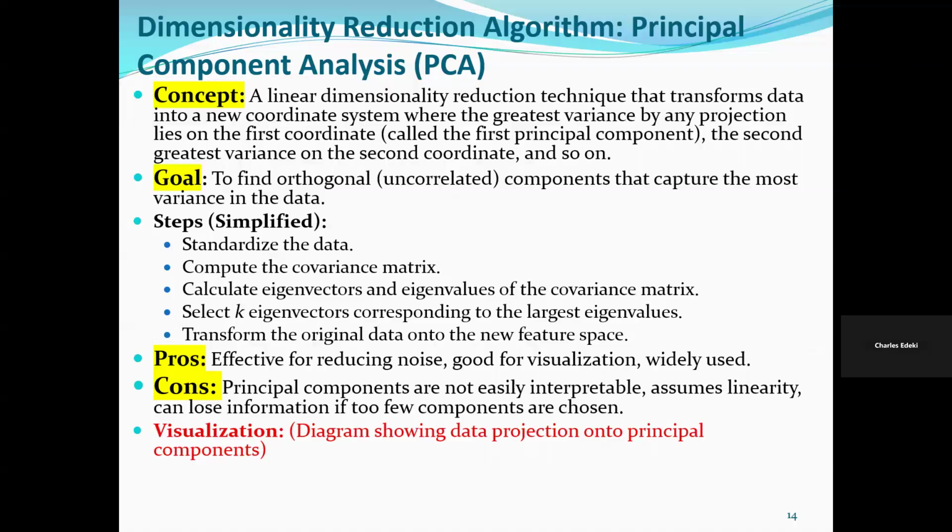Also it assumes linearity, and that also is a con. PCA works best when the relationship between the variables is linear. For nonlinear relationships, we have to use other techniques. And it also can lose information, that also is a con.